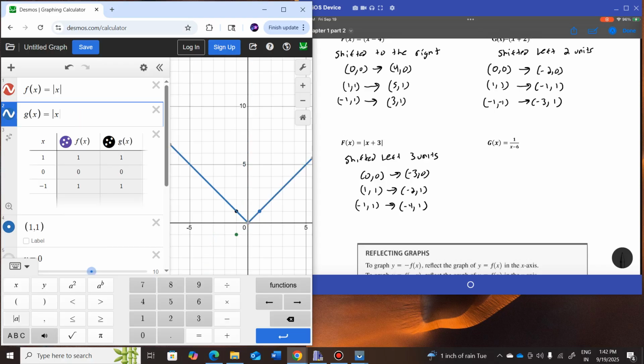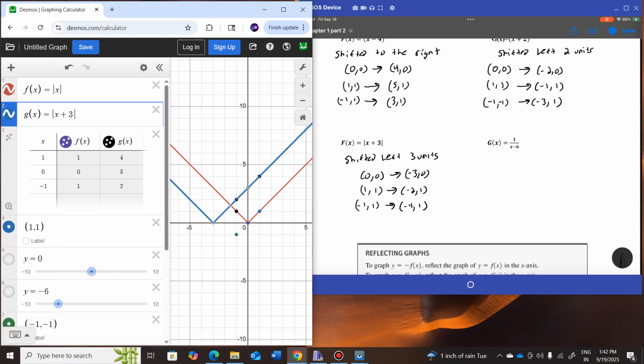And so we can see that happens here: negative 3, 0 is where that went, negative 2, 1 is where the 1, 1 point went, and negative 4, 1 is where the negative 1, 1 point went.